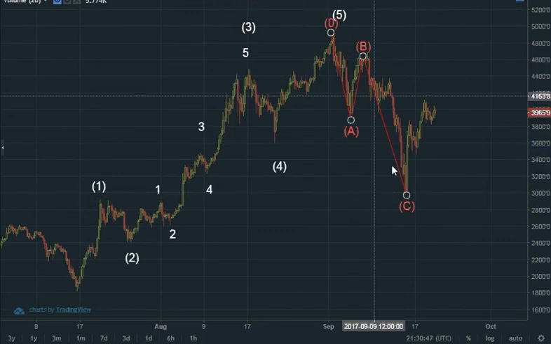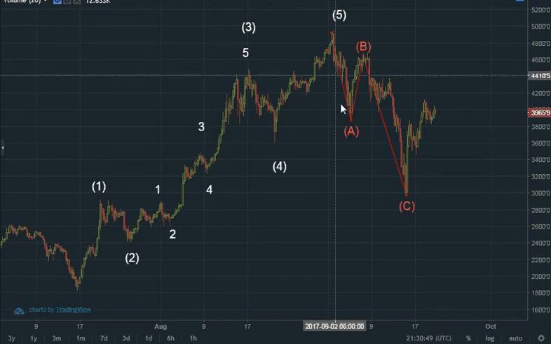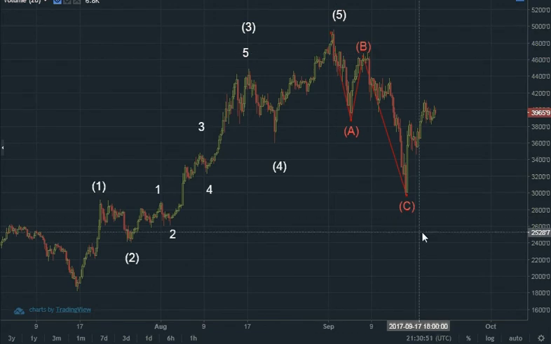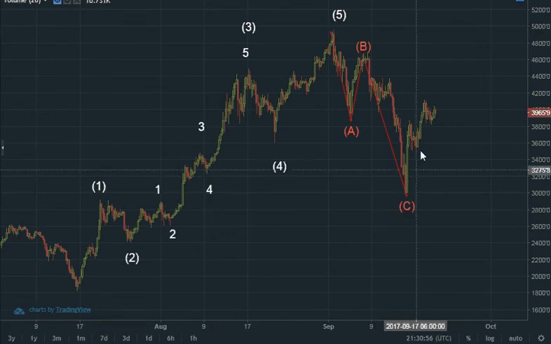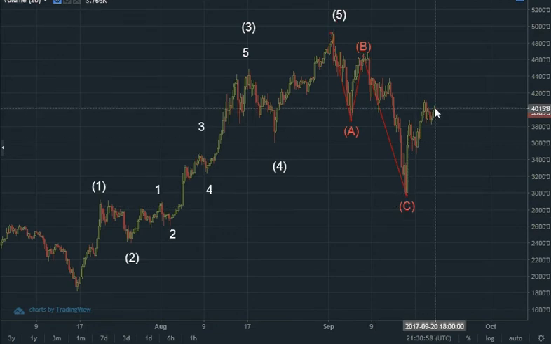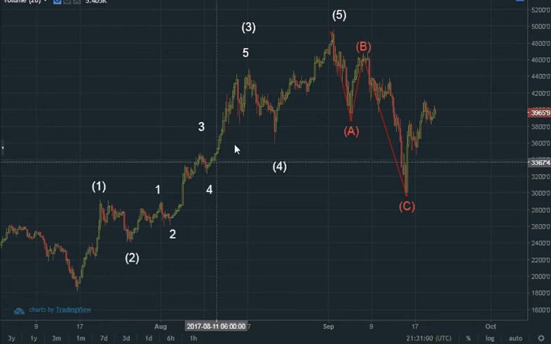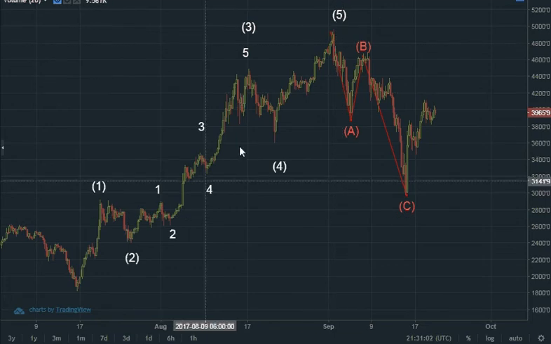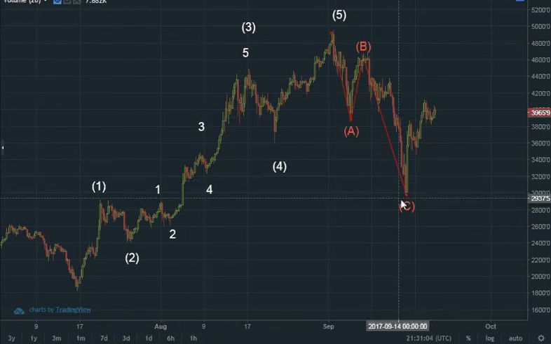And after a C wave, if you can correctly identify the bottom of a C wave, there will be a bounce. There will be a change in trend to resume the original trend. So 1, 2, 3, 4, 5, ABC correction.